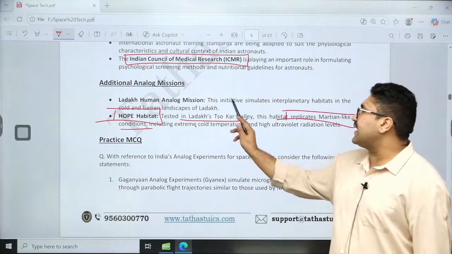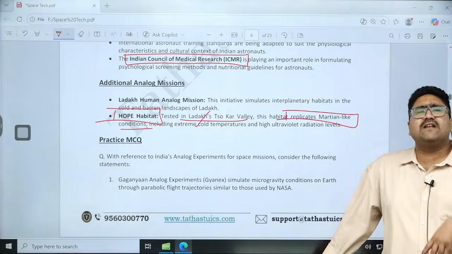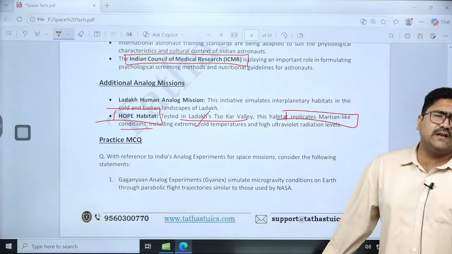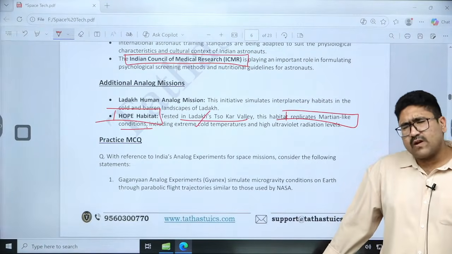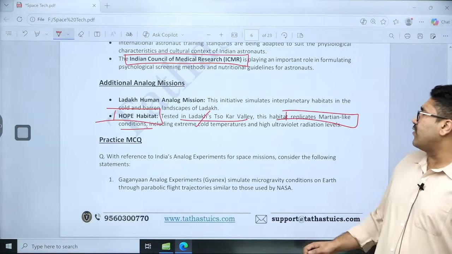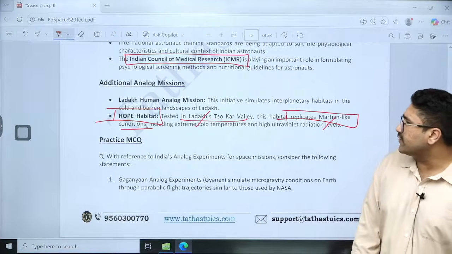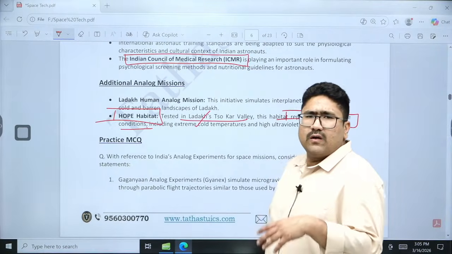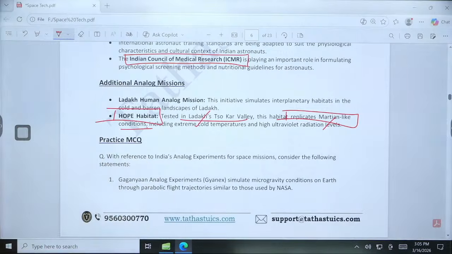The terrain in Ladakh is very similar to the terrain of Mars, that is mountainous and hilly region, dry, lacking any vegetation, with extreme temperatures, which are also seen on the Martian surface. So, to train the astronauts who might go to Mars some day, they will be trained on the Hope experiment in Ladakh.